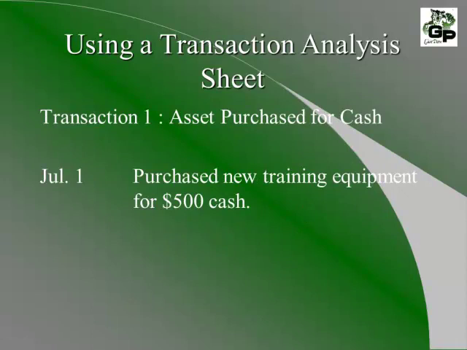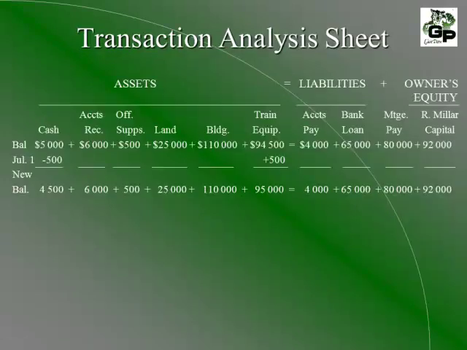So let's continue with this first transaction. Notice that we add the fact that $500 cash was spent in this transaction. So that means cash has gone down by $500. So what did we spend the $500 on? Goldman's Gym purchased $500 worth of training equipment.